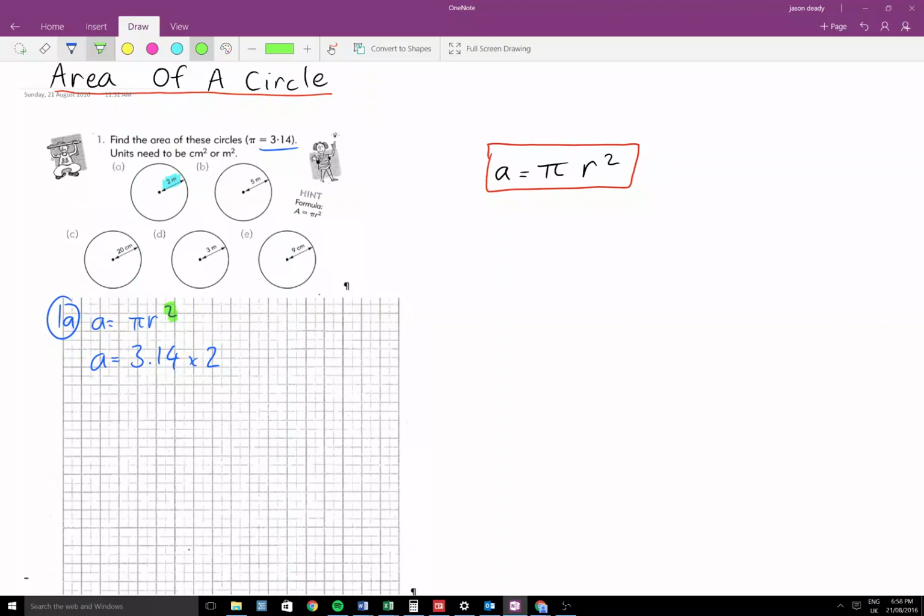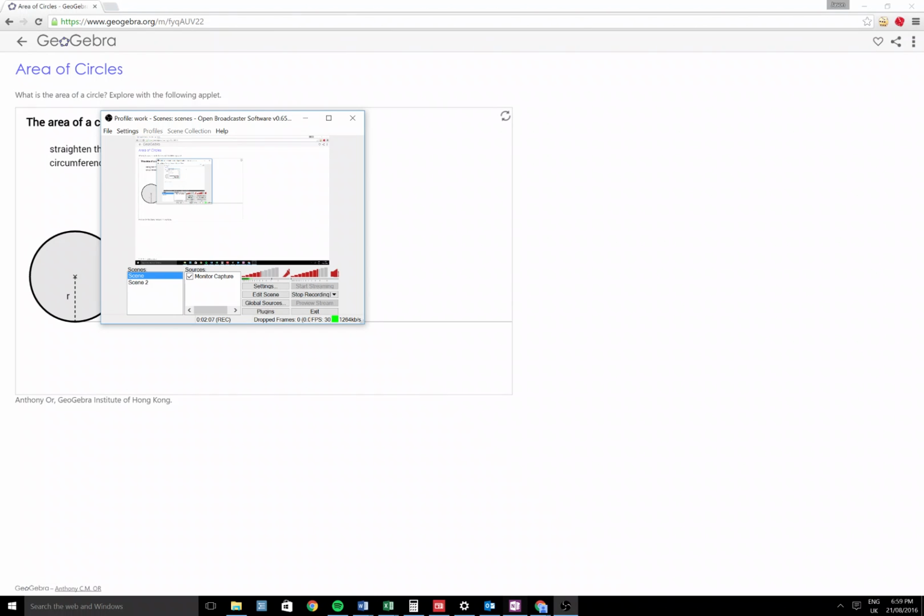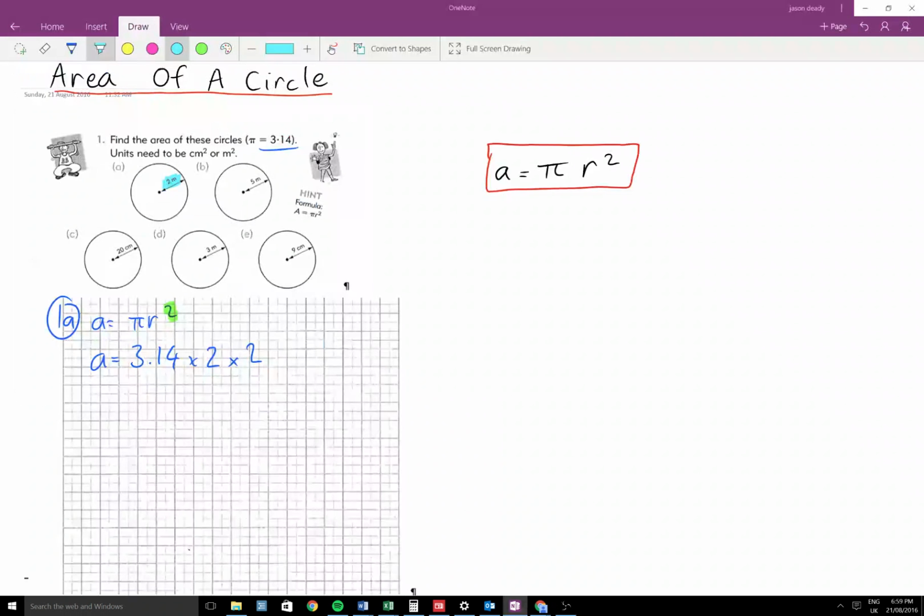Because we're timesing a radius of 2, it's times 2 again. So it's the blue radius of 2 times the radius again of 2, because they're squared.